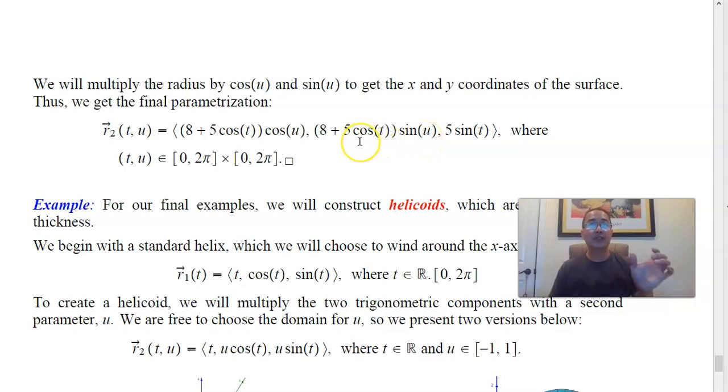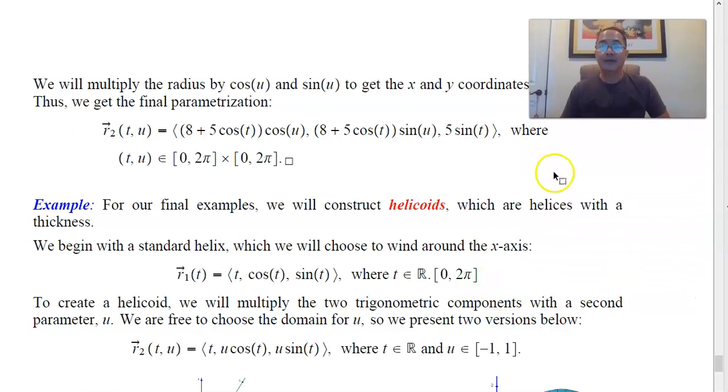We have to change the current y-coordinate to consider all the points generated by that single point with a circle. The z-coordinate stays the same. It's just the sine t term. So t and u both go from 0 to 2 pi, and we get the torus that is seen in our example.